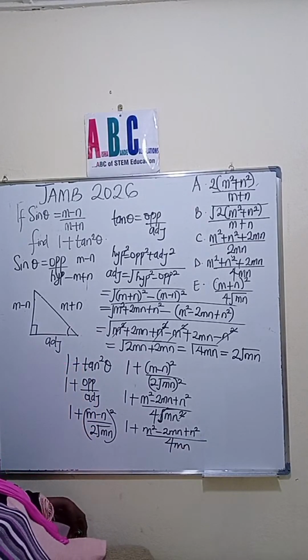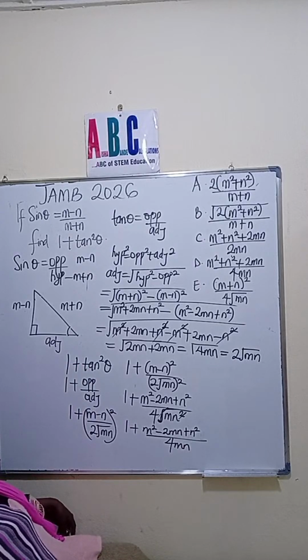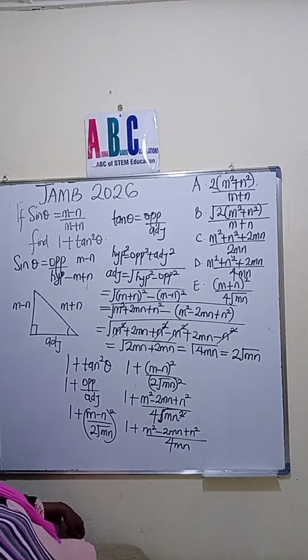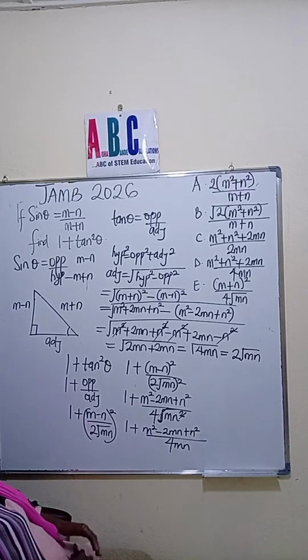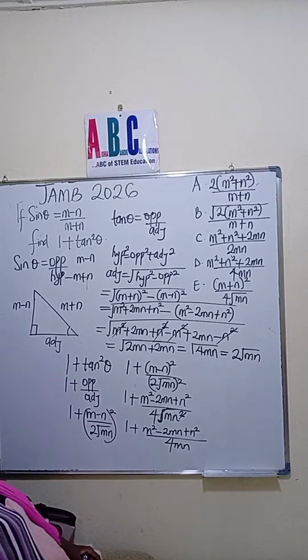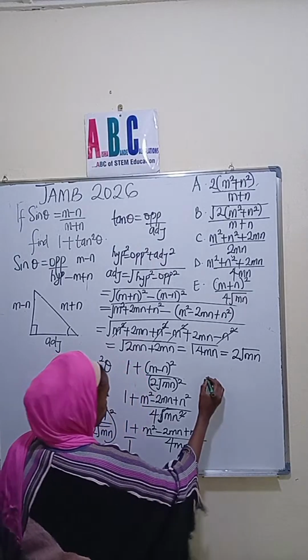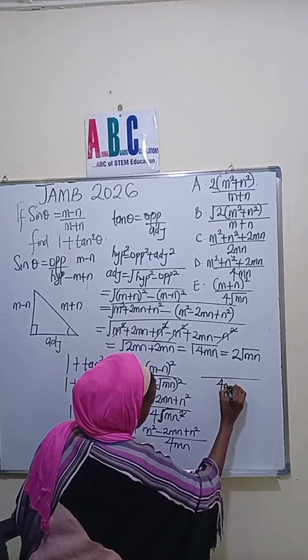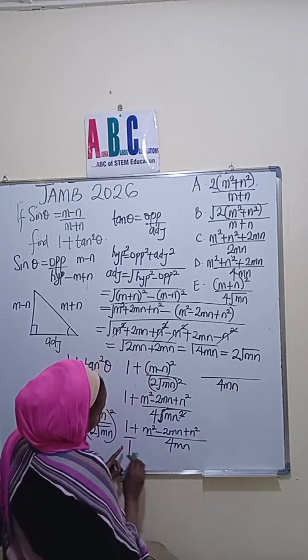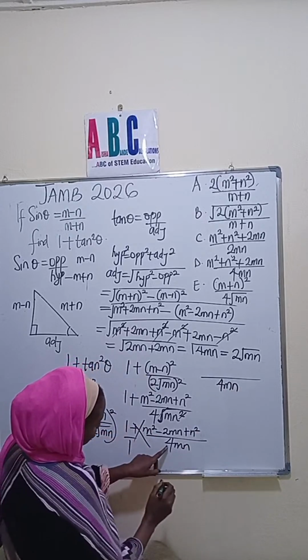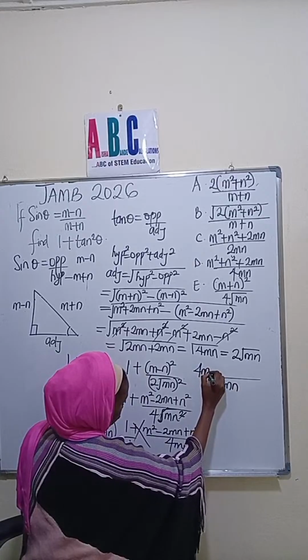So what can we do here? Let's use the butterfly method. The LCM is going to be 4mn, right? That is 1 times 4mn. If you cross multiply this way, 1 times 4mn will be 4mn.